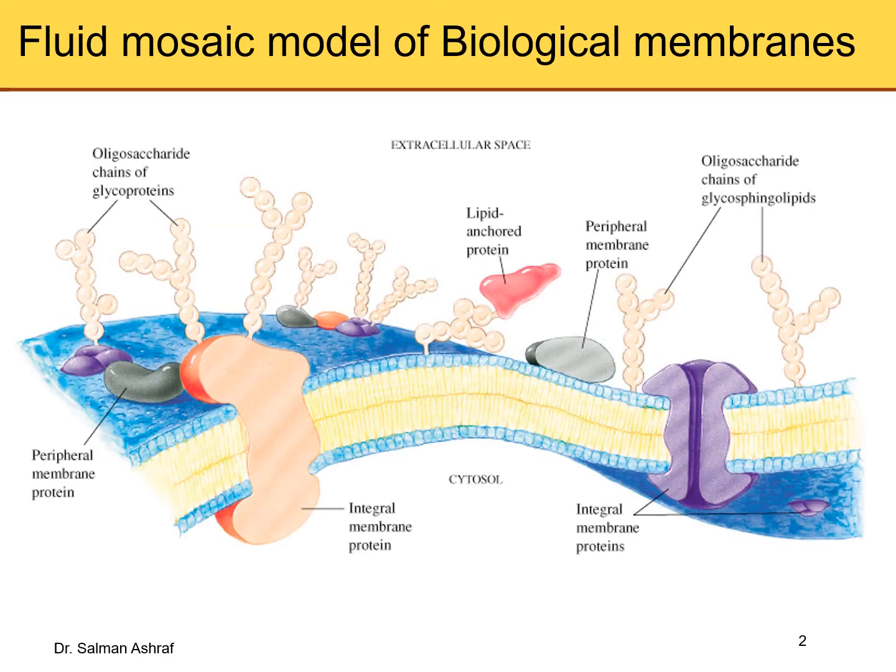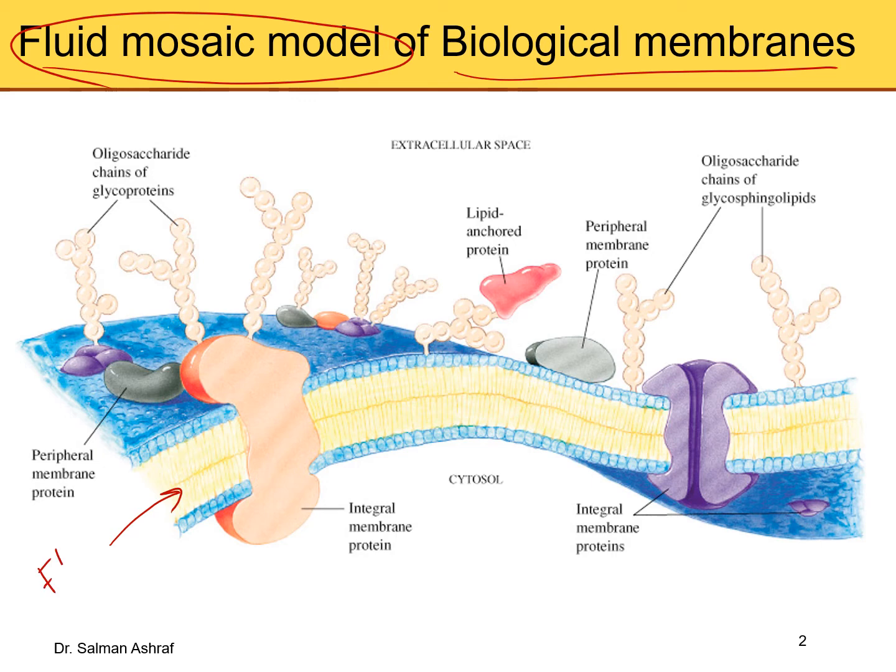As we talked about last time, biological membranes are described by the fluid mosaic model, where the membranes are very fluid in nature, almost like oil, and then you have these mosaic-like things sticking out of the membranes. And we talked about the various components.